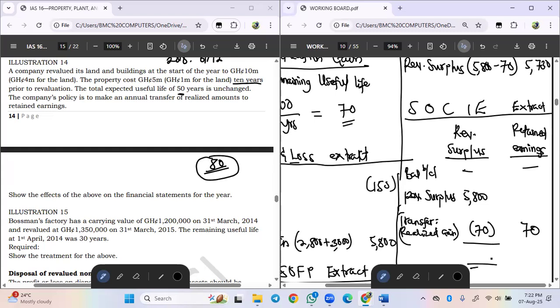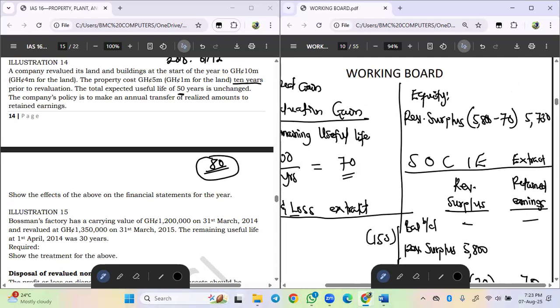At the end of the day, you are going to get 5,730 as your revaluation surplus. Then retained earnings will be 70. So that's the end of the question.